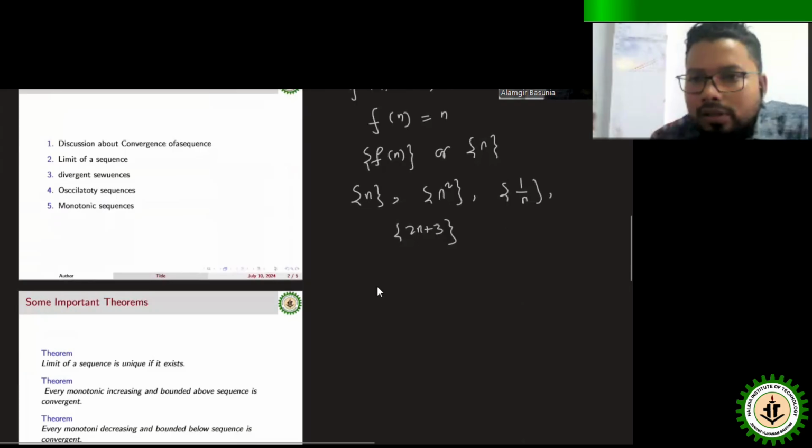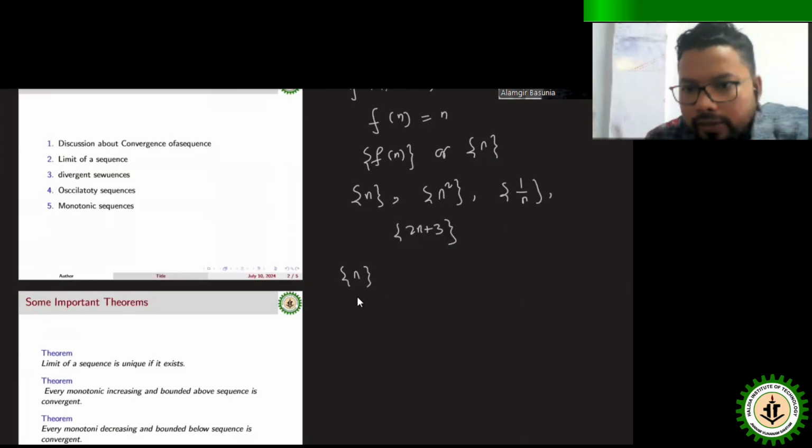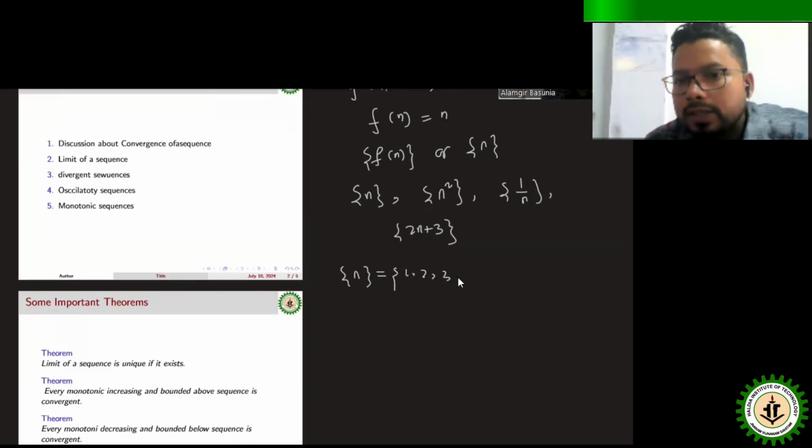Now, if we discuss this one, n, we can express the elements of this sequence as 1, 2: 1 goes to 1, the first term, then 2, then 3, the third term, 4, and so on.